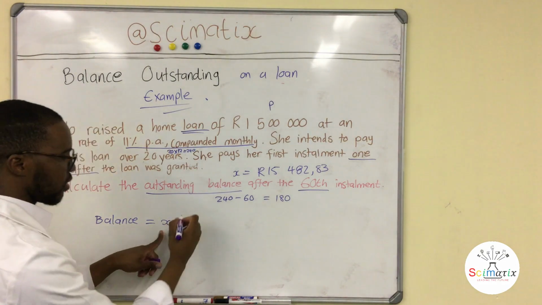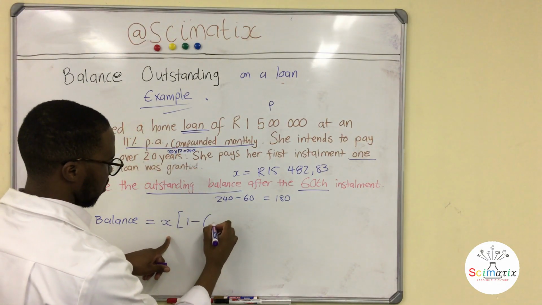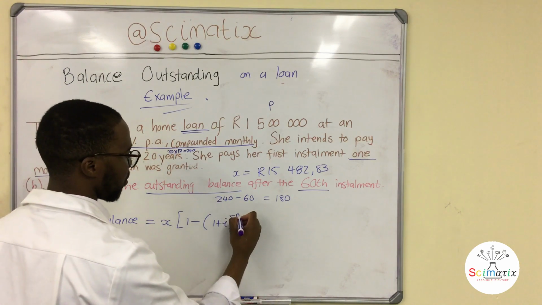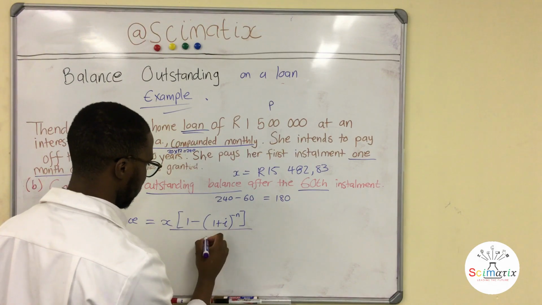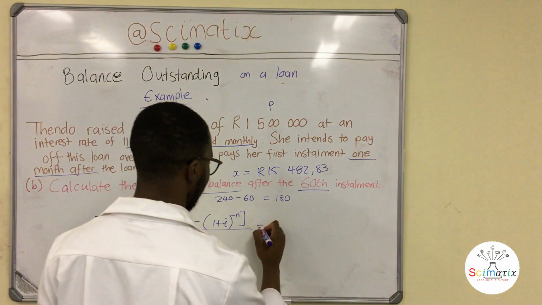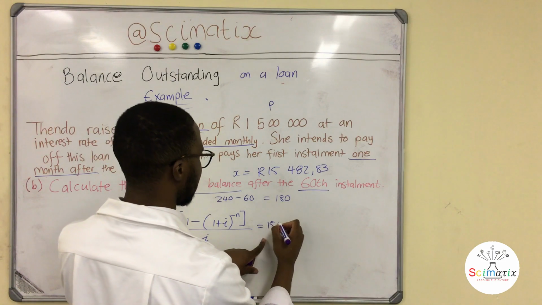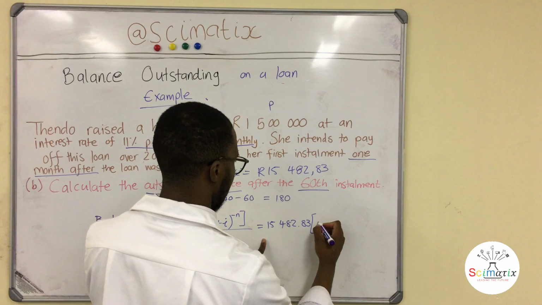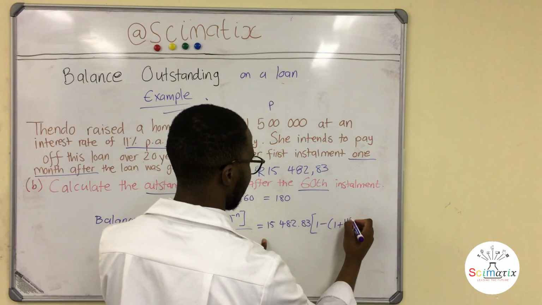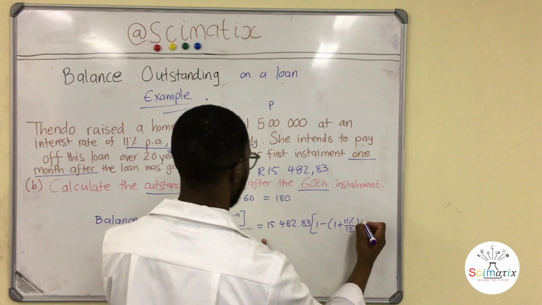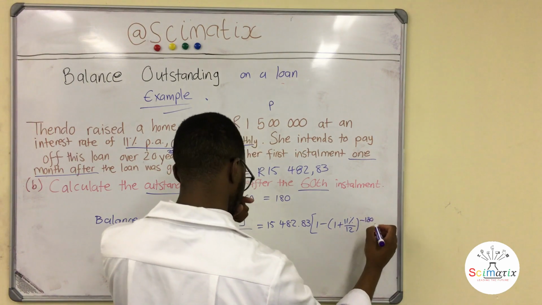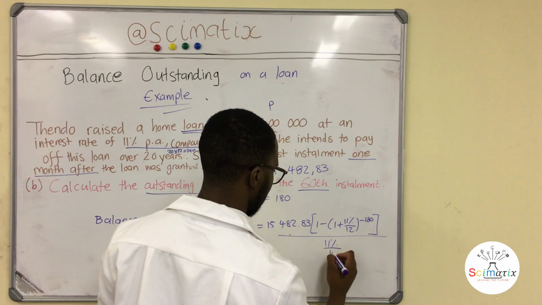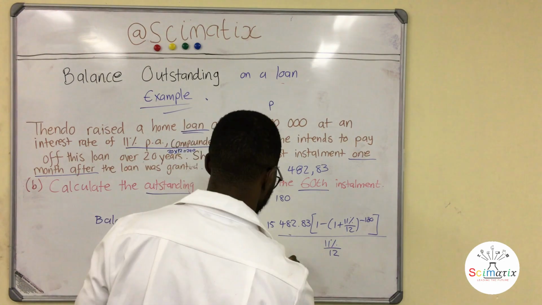We take x times 1 minus 1 plus i, to the power of negative the number of remaining payments, divided by i. Now let's sub in the values. Our x in this case is 15,482.83, times 1 minus 1 plus 11% over 12, to the power of negative 180, divided by 11% over 12.